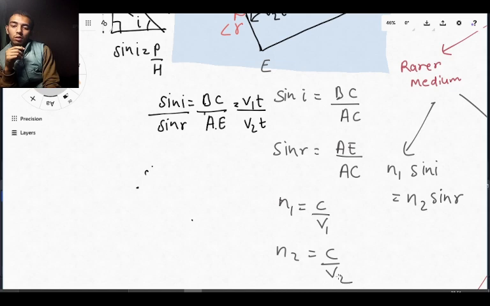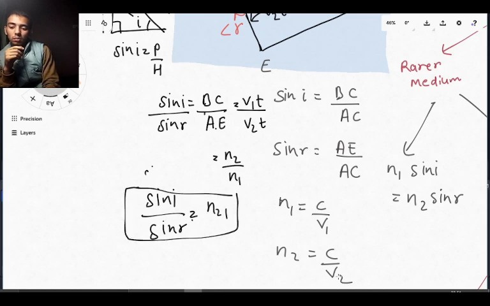So v1 upon v2 will be the opposite of it, which is n2 upon n1. So sine i upon sine r is equal to n2 upon n1, and this is Snell's law.